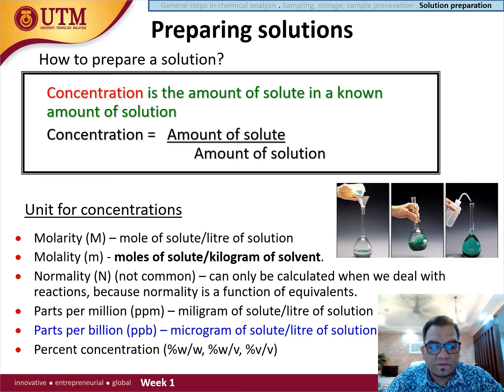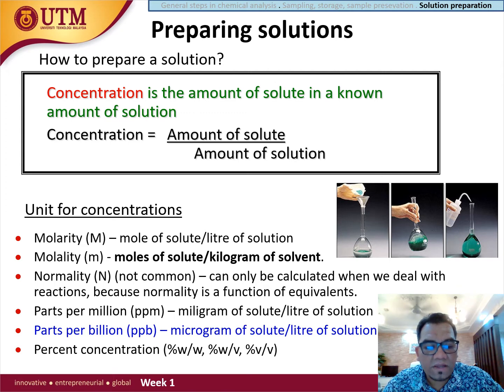What is the difference? Don't be confused. For molality, the unit is moles of solute divided by kilogram of solvent, right? The first one, molarity, is mole of solute divided by liter of solution, but the second one, molality, is mole of solute divided by kilogram of solvent.